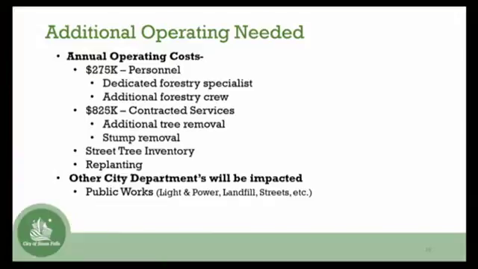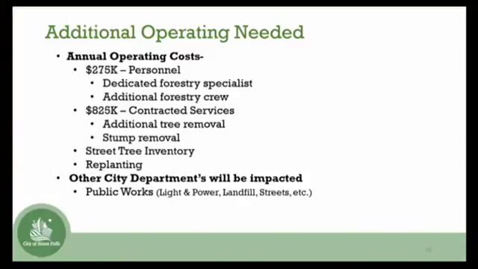And of course, there are other operating costs that would be needed with this response. About $275,000 in additional personnel, a dedicated forestry health specialist that would help not only in managing the infestation, but also tracking and managing the street tree inventory and the park tree inventory as we move forward.